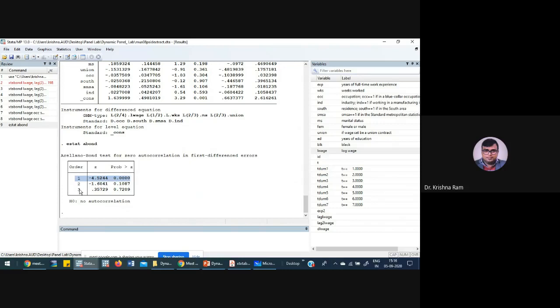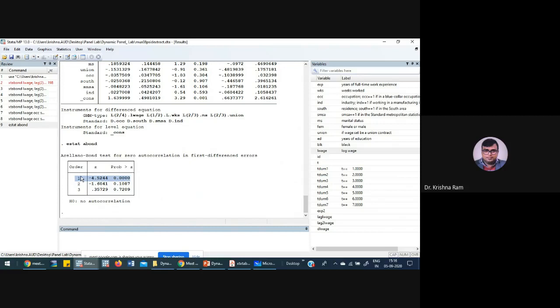So order 1, order 2, order 3, and we can see here that at order 1 the null hypothesis is rejected, but at order 2 and order 3 the null hypothesis is not rejected, and that is the condition. And if this result comes, that means there is no specification problem with our regression model.